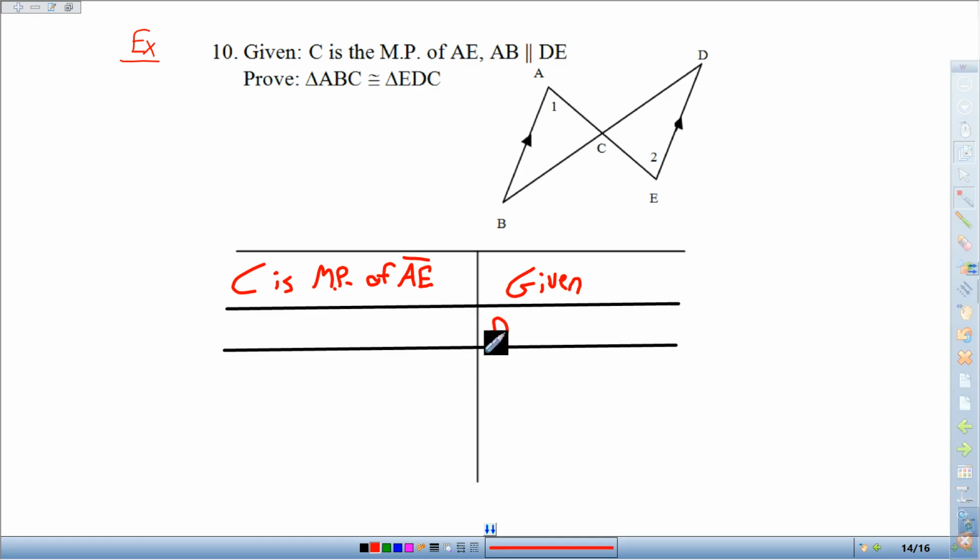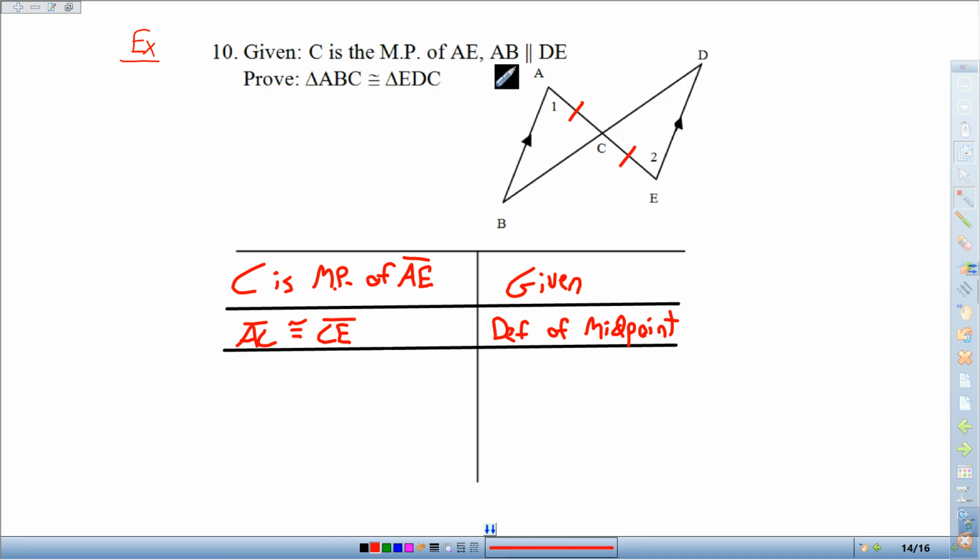And if I were doing this problem, I would just start with that, definition of midpoint. Now we can make some sense out of that and get the statement here. If C is the midpoint of AE, we know AE is being cut into two congruent halves. So I now am able to say that this segment is congruent to this one. AC is congruent to CE. Okay, cool. So there's that.